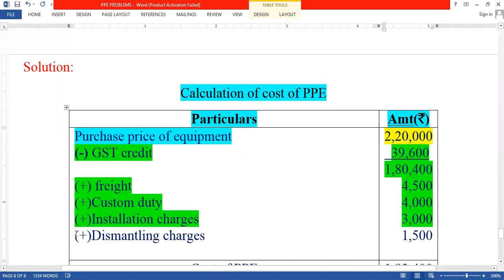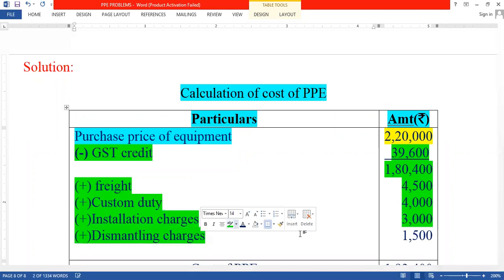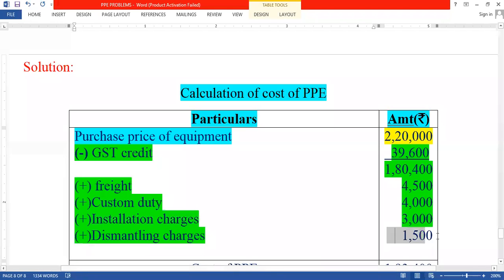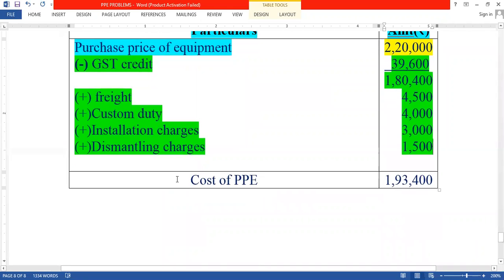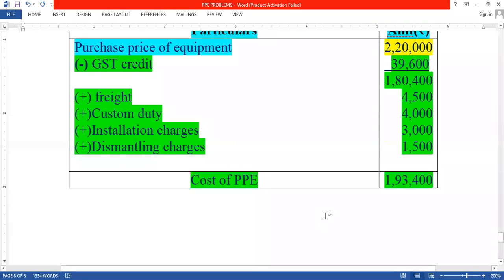After this, dismantling charges, we should add these dismantling charges 1,500. So when we add the total, we get the cost of property, plant and equipment here 1,93,400. This is the cost of property, plant and equipment.